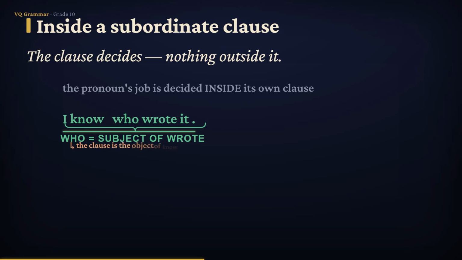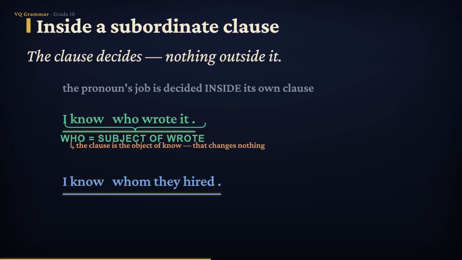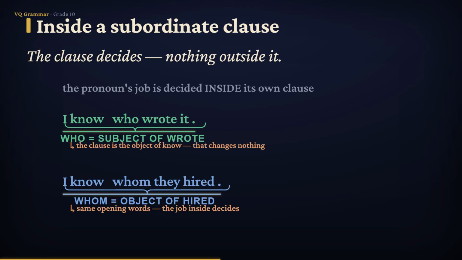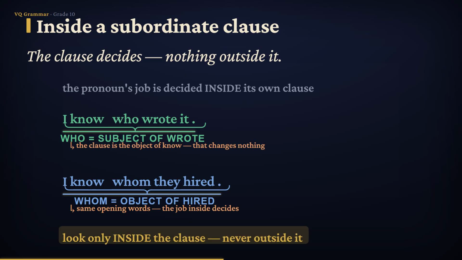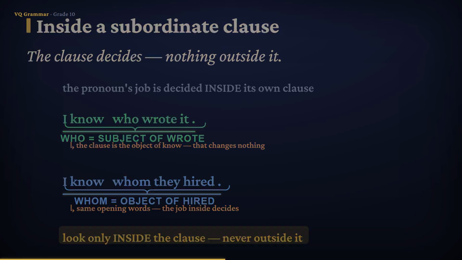The fact that the clause as a whole is an object outside doesn't change a thing. Now compare. I know whom they hired. Inside this clause, they is the subject, and the pronoun is the object of hired. So this time we write whom. Same 3 opening words, different job inside, different form. So look only inside the clause and never outside it.